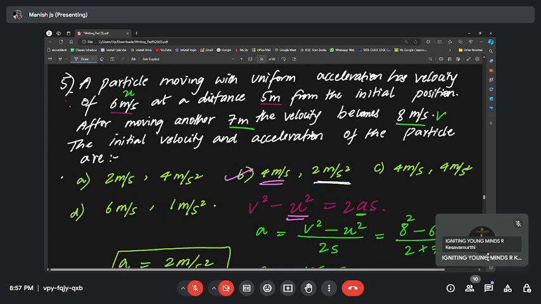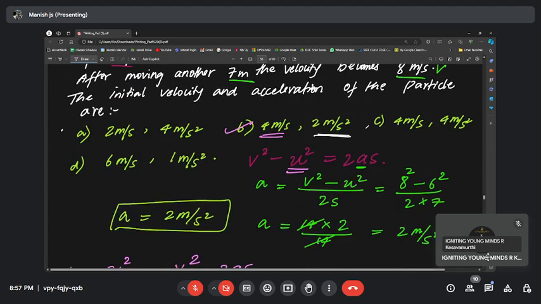So like this you will have to calculate. Carefully analyze the question, and then you will have to solve it based on which equation of motion would be a wise choice. You should wisely choose which equation is a perfect fit to solve this question, because nowhere is time given. So it's better that you choose the time independent equation of motion, which is the third equation of motion, the third kinematic equation. Am I clear?